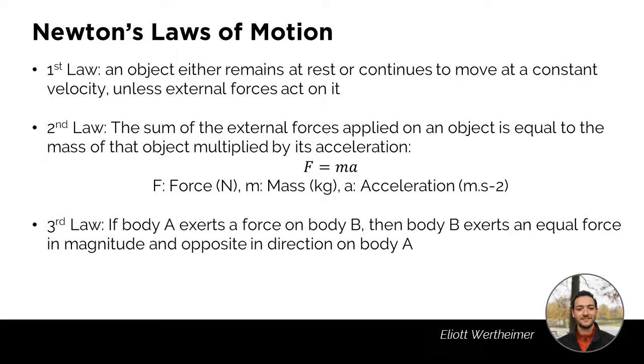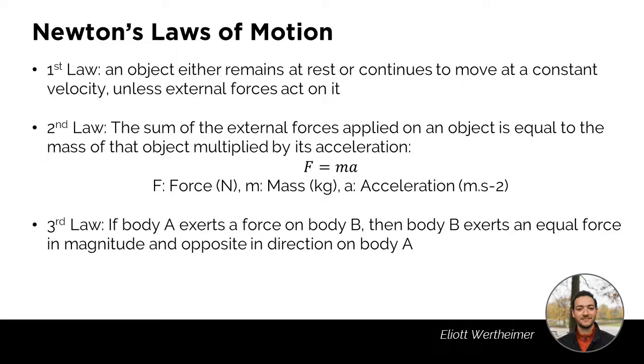On the other hand, if you know that same object's mass and the force that is applied on it, you can calculate its acceleration. This also means that an object of a certain mass will only accelerate when an external force is applied to it.